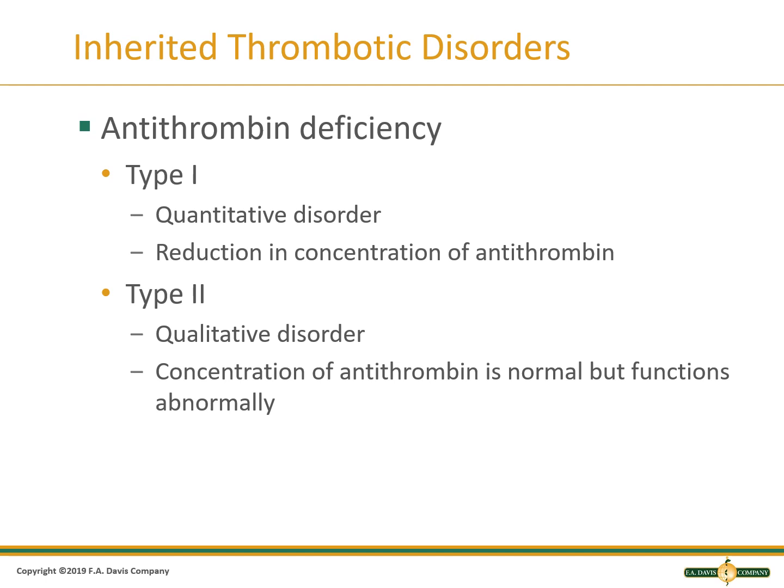Type 1 is a quantitative disorder, quantitative meaning number, the amount, and there's a reduction in the concentration of the antithrombin. Then you also have type 2, which is a qualitative disorder. It means the quality or the proficiency, where the concentration of antithrombin is normal, but it functions abnormally.